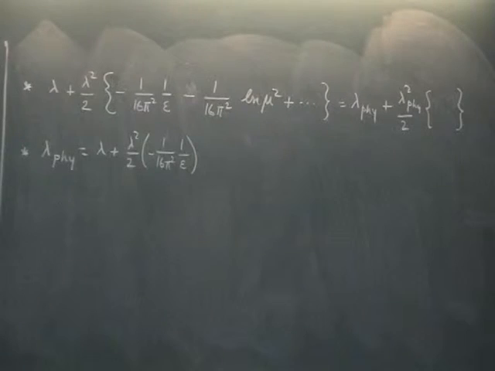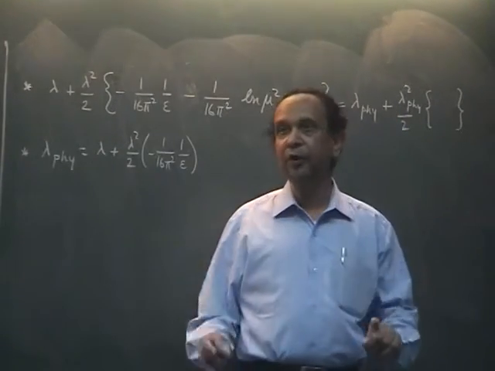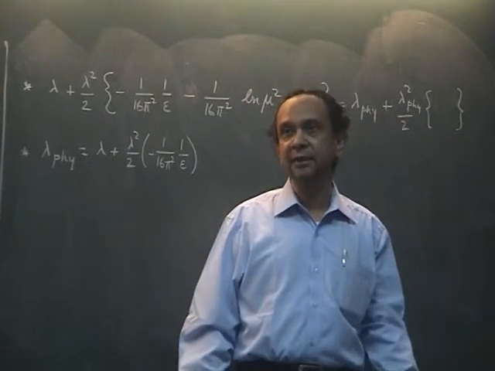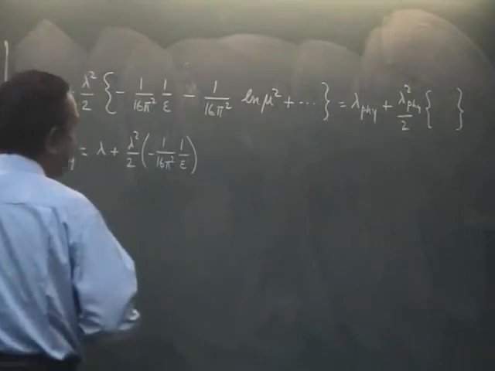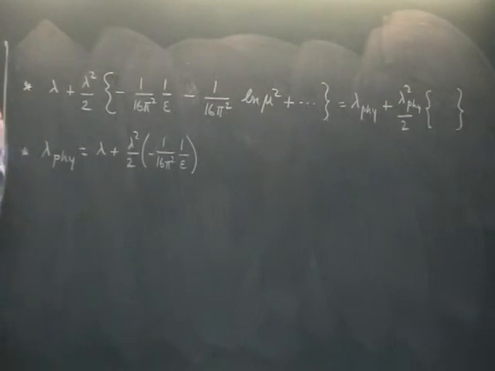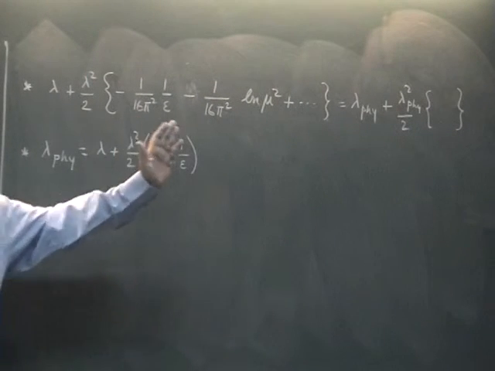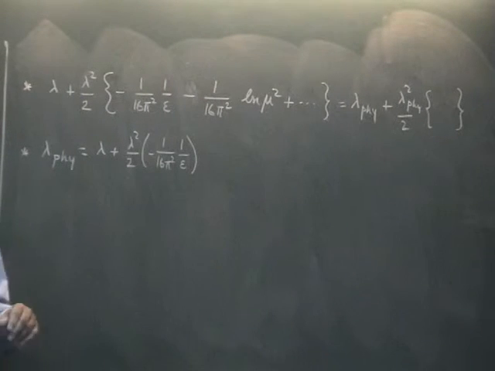Now what we will argue is that this lambda physical should have a mu dependence, which should precisely cancel the explicit mu dependence in this. Okay. So what does that mean? What it means is that when you do a computation and find this amplitude, that amplitude should not depend on mu. So the derivative of the right hand side with respect to mu should vanish. So let us see what that is.